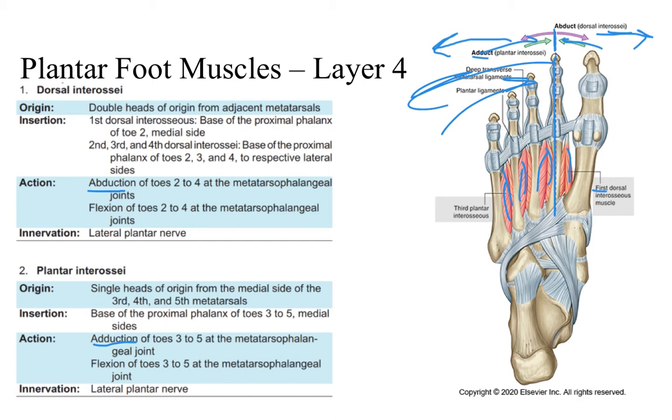All right, interossei tells you exactly where they're located, in between bones. And then dorsal, of course, would mean those that are more on the dorsal side of the foot, and plantar means that they are more on the plantar side of the foot.